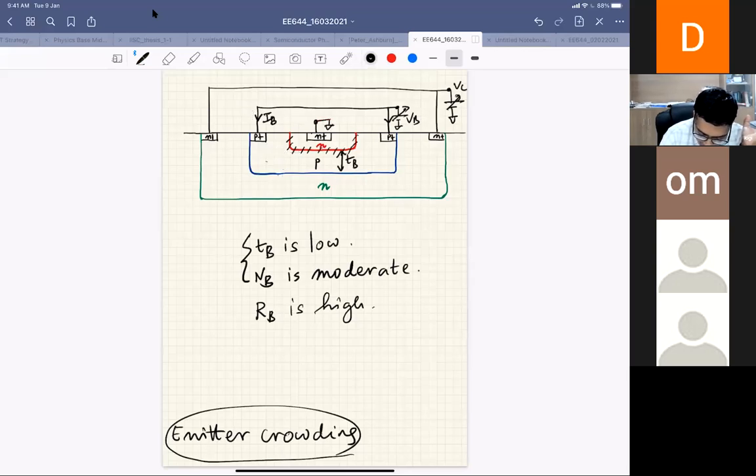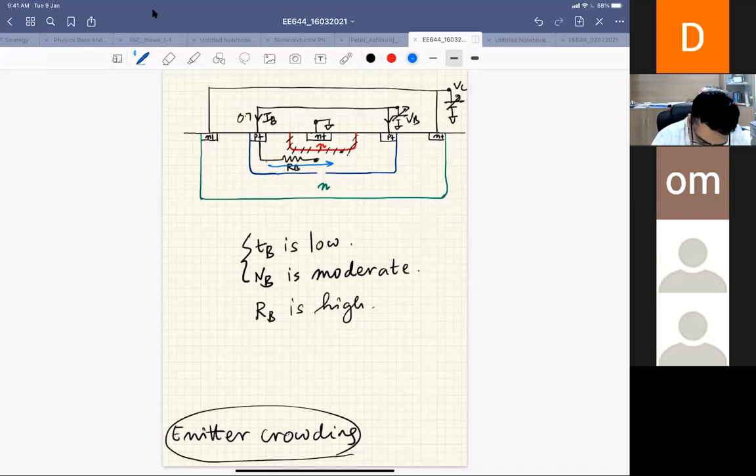So let's say this is the resistance of the emitter-base junction, and the base resistance RB. If I'm applying 0.7 volt here and go in this direction, the voltage is your applied voltage minus IB times RB.